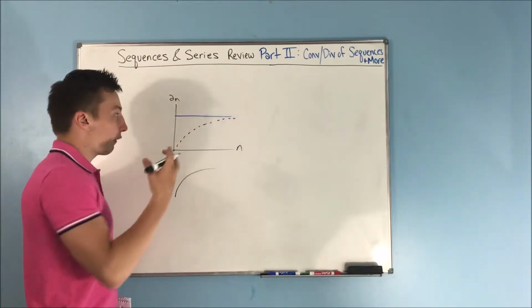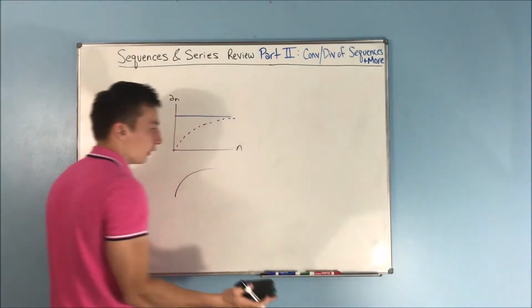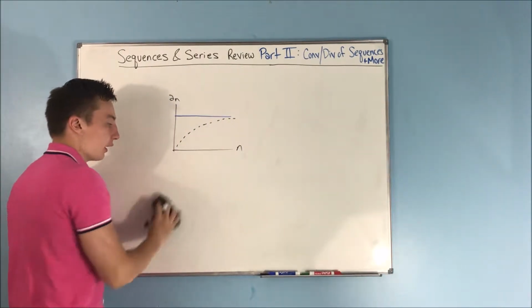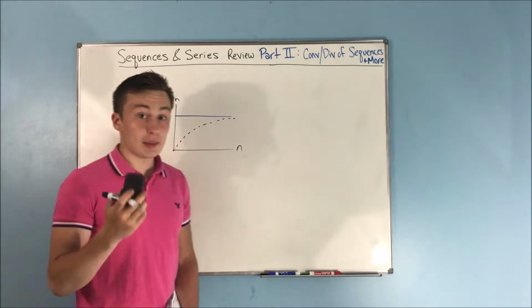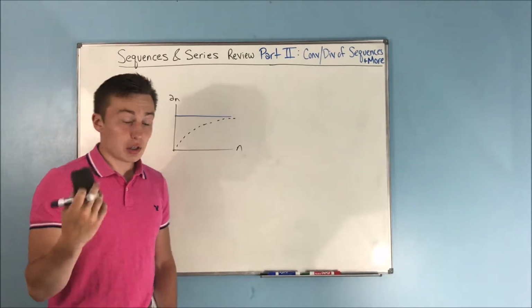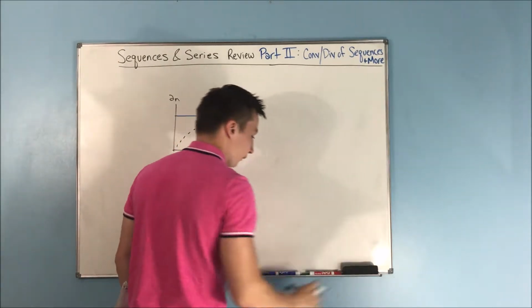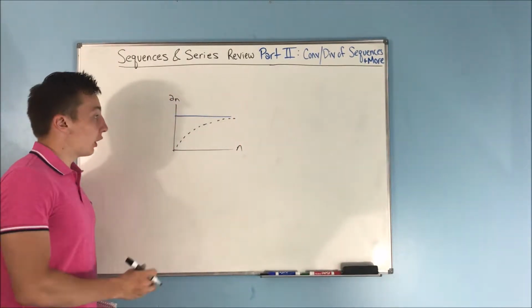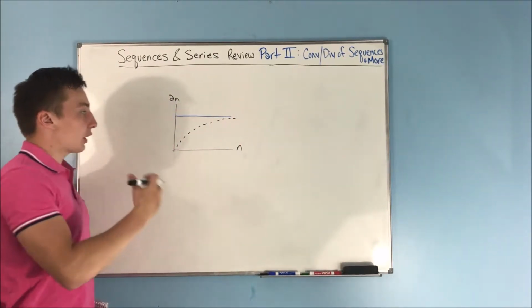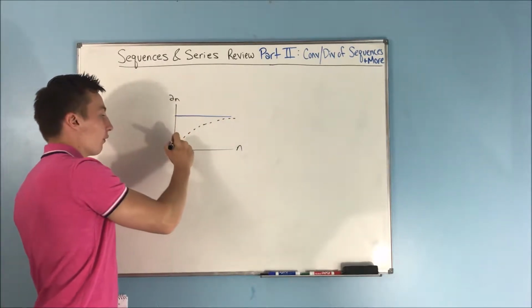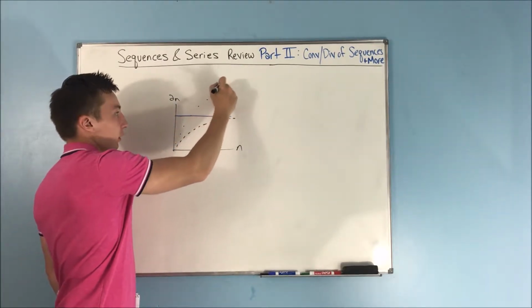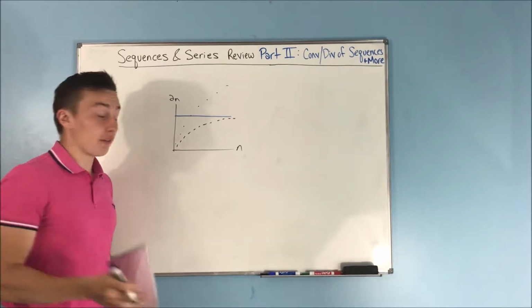The reason for that is because your n, your input here, is always a positive integer. You're not putting in anything that's not an integer. So that's kind of what we're talking about now. If it approaches an infinite value, if it looks like this, then it is divergent.